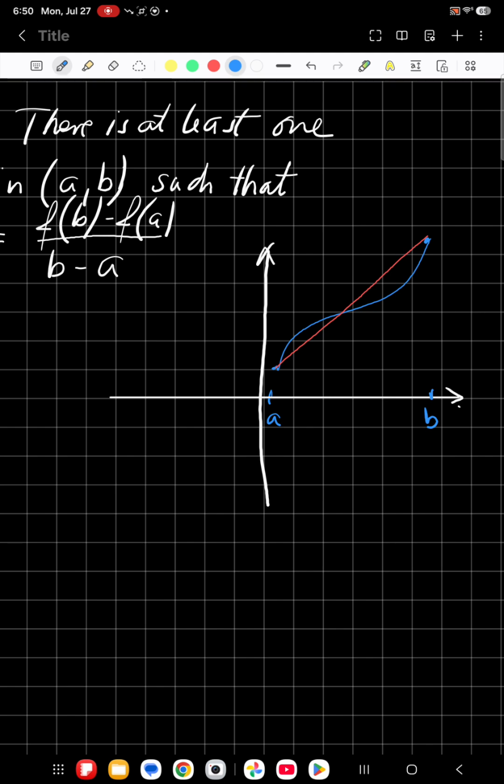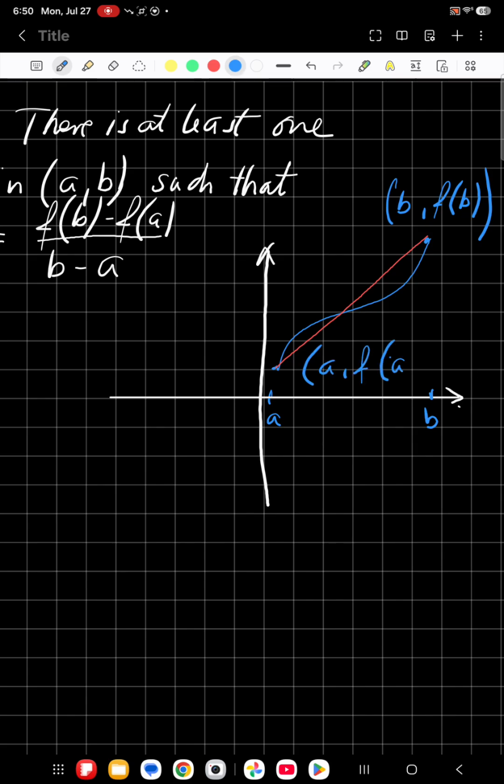So the theorem states that, before I explain it, this point has coordinates b, f of b, and this is the slope of that red line. This other point has coordinates a, f of a.